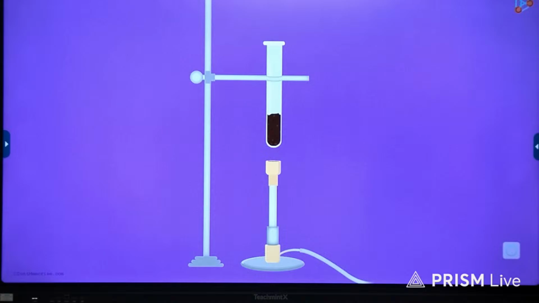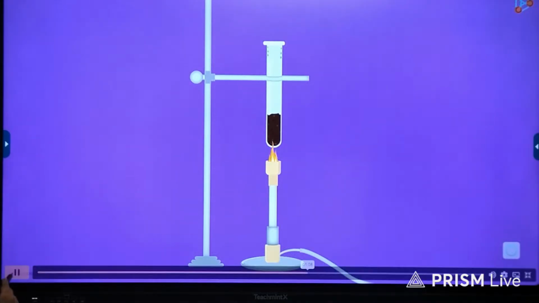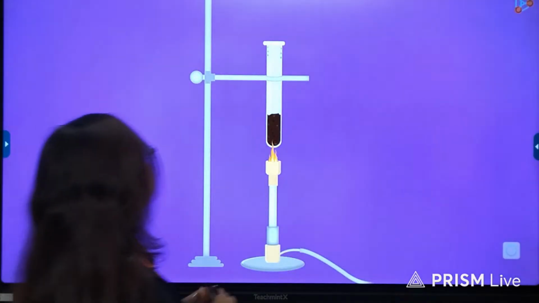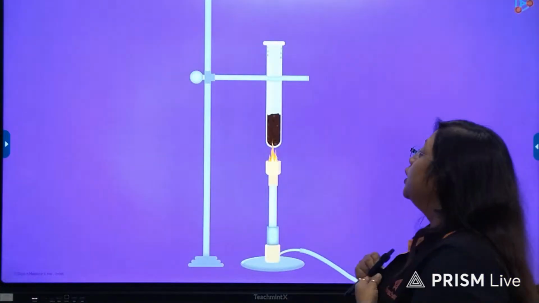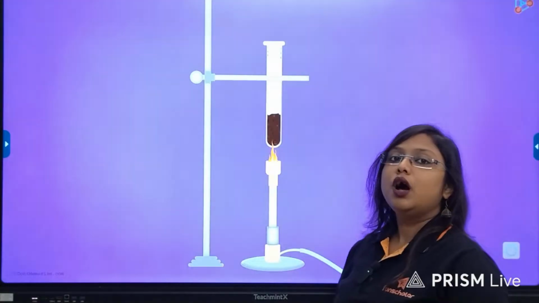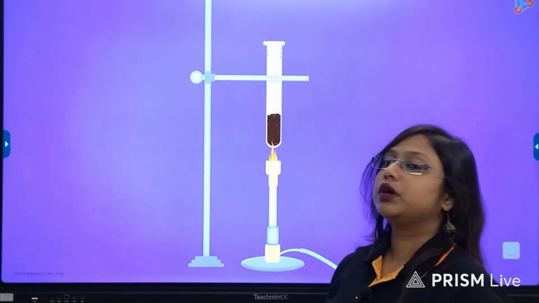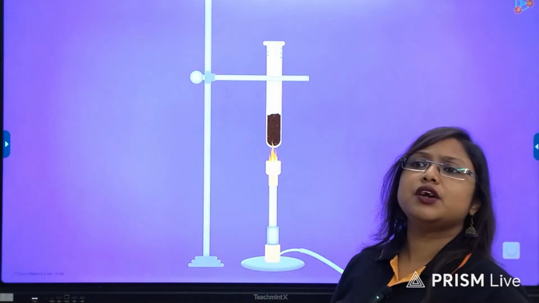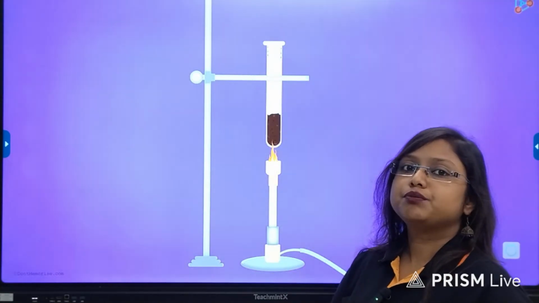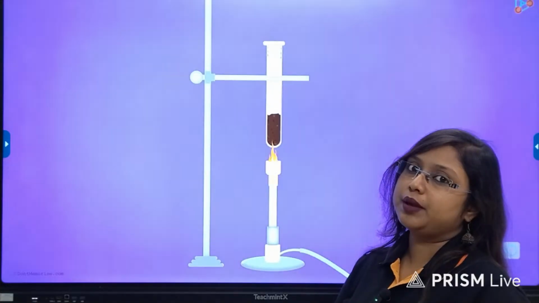When the soil sample is heated for a very long time, then we find some droplets at the edge of the test tube. Here is a precaution you need to take. Please do not do this experiment without the supervision of your teacher or some elder. Not any senior from your school, because they are also kids, right? You are in classes 4 and 5.